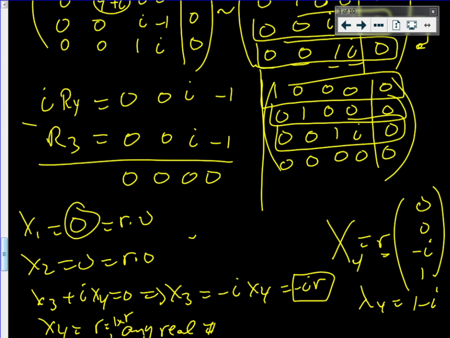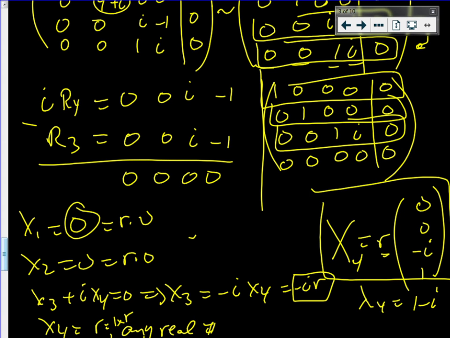Now let us see what we just did. We just found the 4 eigenvectors. That is part C. Remember, we found x4 and x3 and x2 and x1. Those are the eigenvectors.